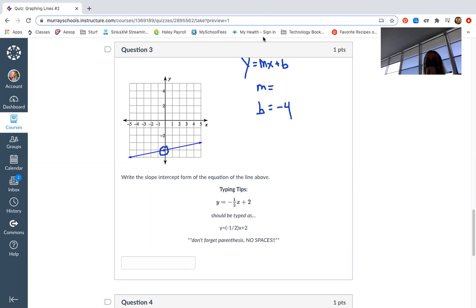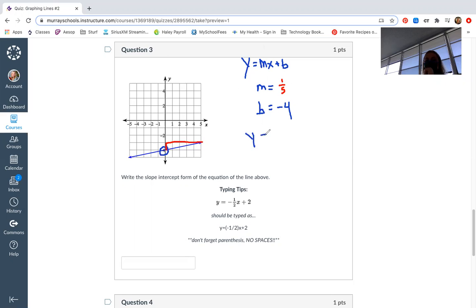M is going to be whatever your slope is. So my slope is telling me from here to go up 1 space to the right. Oh boy, that's a lot of spaces. 1, 2, 3, 4, 5. So I went up 1 space to the right 5. With those 2 pieces of information, I can write my equation.